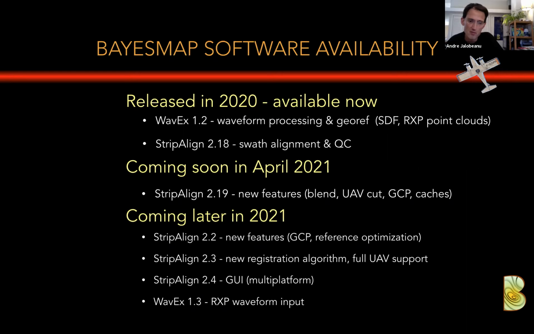That's going to be really, really easy to get introduced to the software features, and it will still be compatible with a command line, of course. And then towards the end of the year, we'll update WavEx to accept RXP waveform from Riegl. So it will be able to process more modern sensors than those that currently output SDF files.